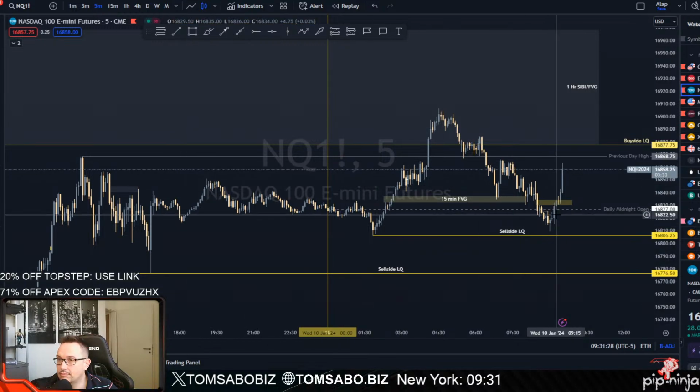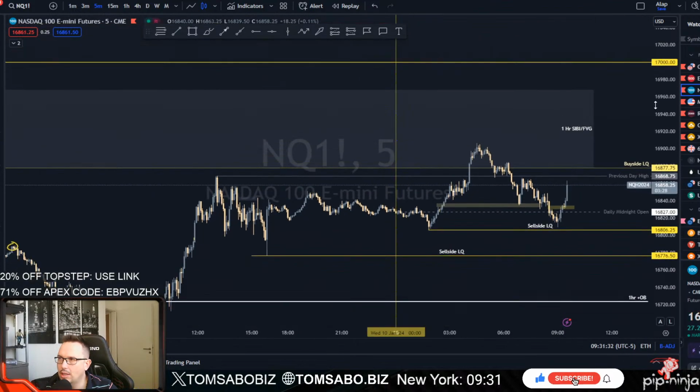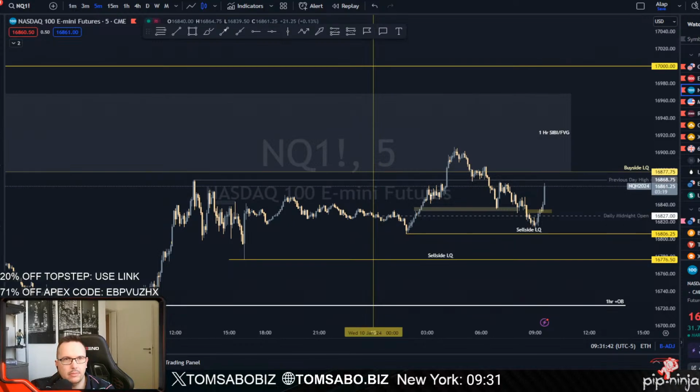Nothing so far. If we're gonna continue higher, then the 17,000 is going to be my ultimate target. The 1 minute so far is holding. The 5 minute is looking super bullish. The 1 minute candle is going to leave a fair value gap, most likely.